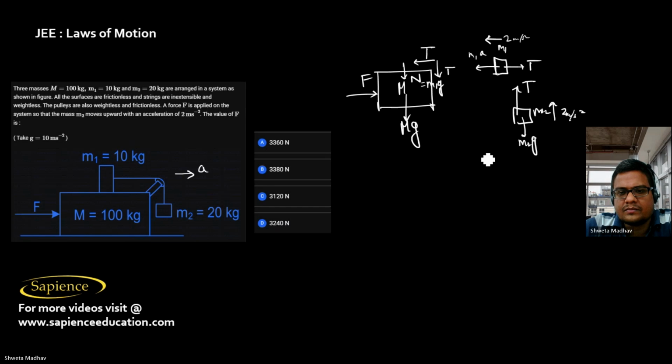And this mass will also move forward with an acceleration a. Then we can say F minus T is equal to M into a. Here a pseudo force is also acting, which is M2 into a.